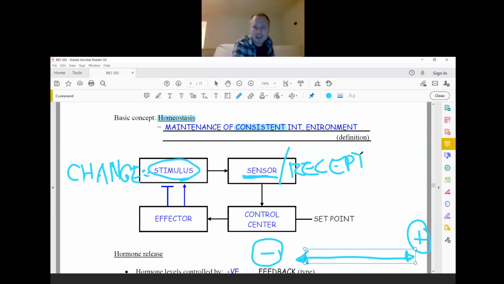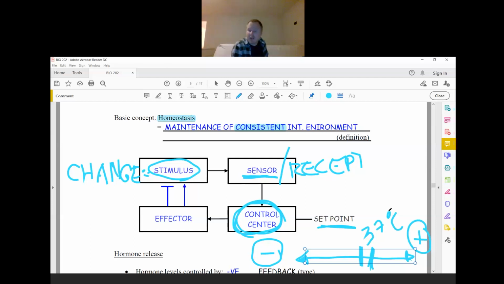Instead, it passes a message to the control center, which in the case of animals, in the case of humans, is typically the brain. And within this control center, we have a set point. A set point is a range of acceptable values. So for example, for the human body temperature, we keep it around 37 degrees Celsius at all times.